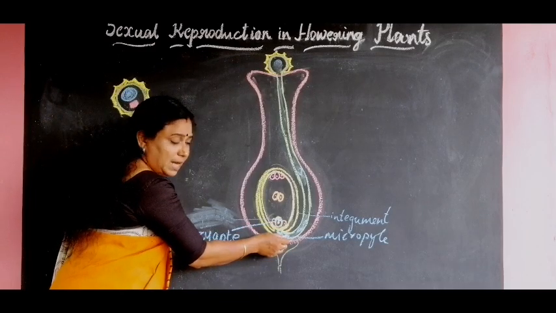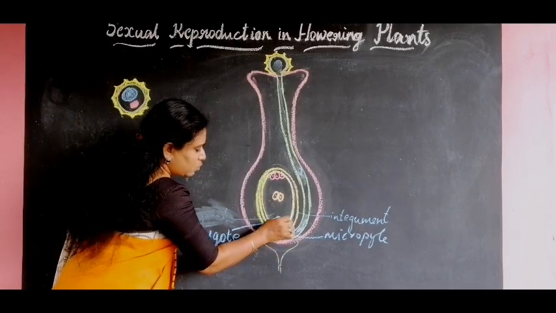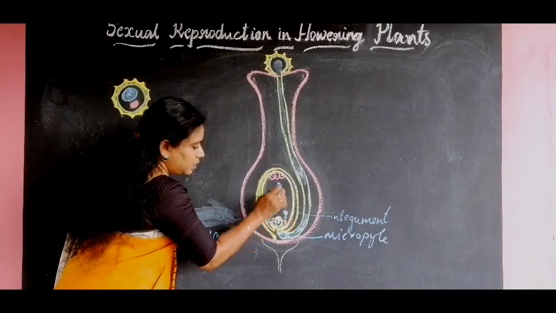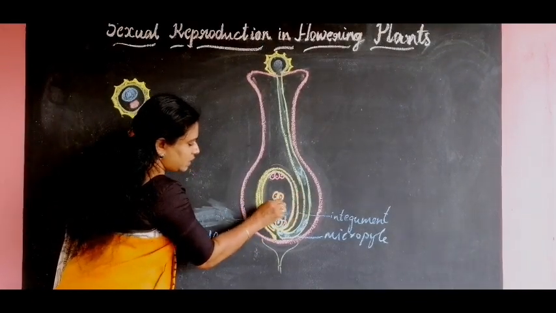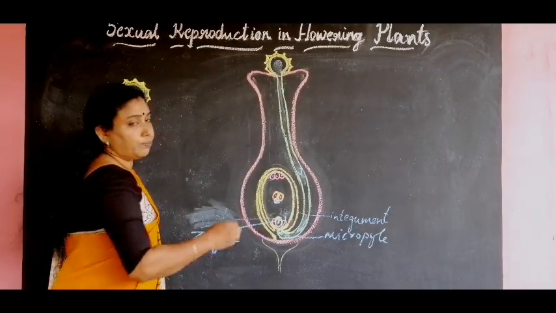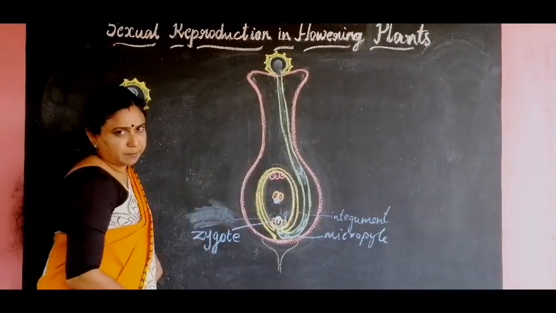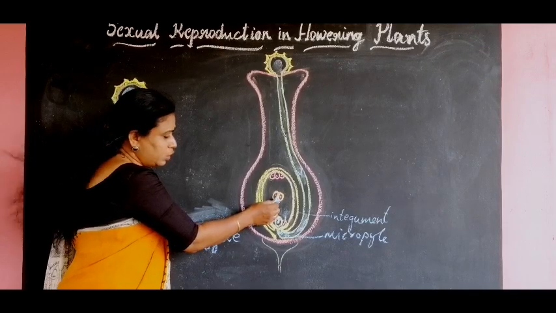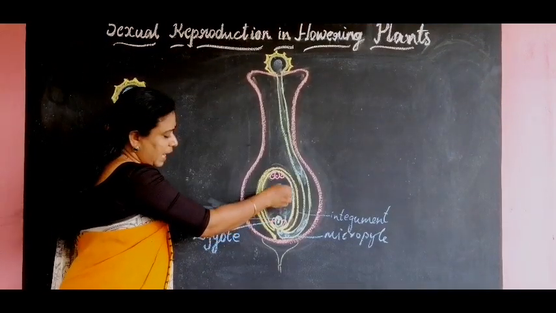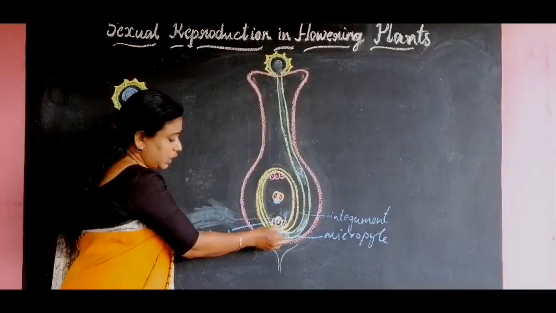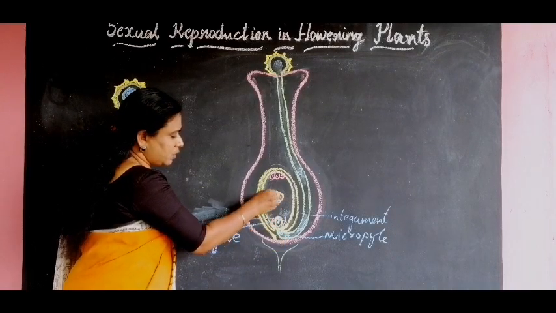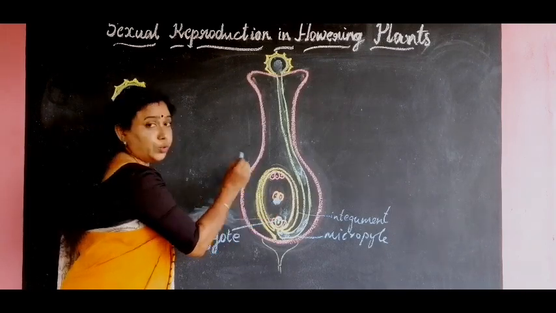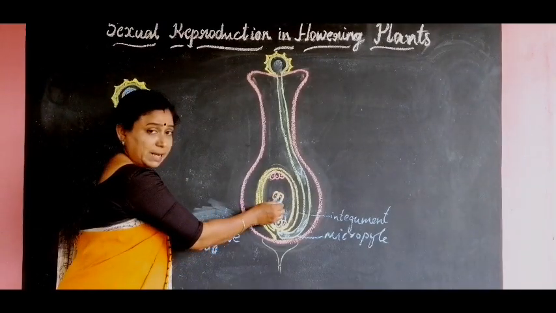What happens to the other male gamete? This male gamete also enters the embryo sac and fuses with the polar nuclei. How many nuclei are there? Two polar nuclei are there, and one male gamete nucleus also fuses with these two nuclei. So how many fusions take place there?